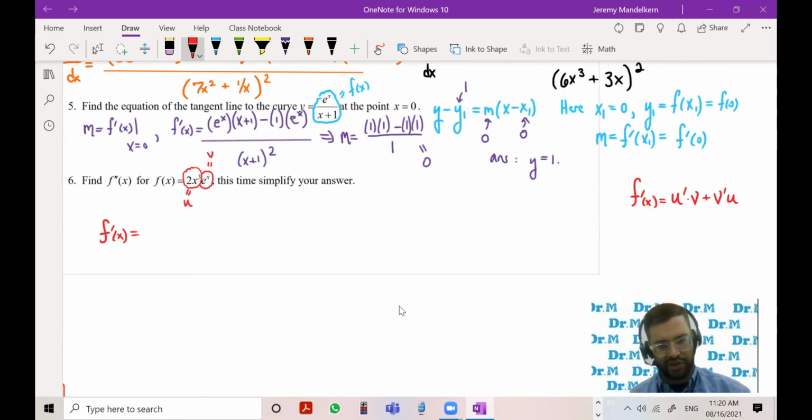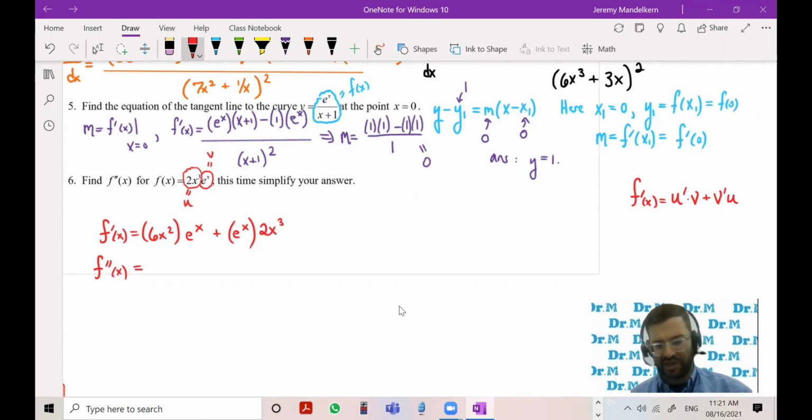Here u prime is 6x squared, multiplied by v. The v prime is an e to the x, multiplied by u. When we go for f double prime, we'll have to clear u and v and redefine them in each of these terms. So the new u will be 6x squared, the new v will be e to the x.